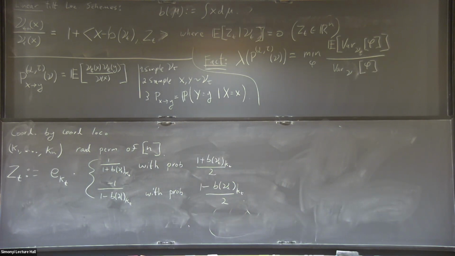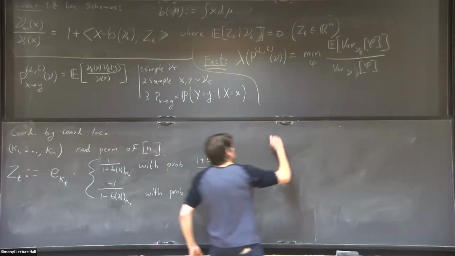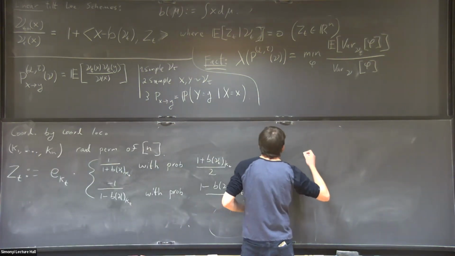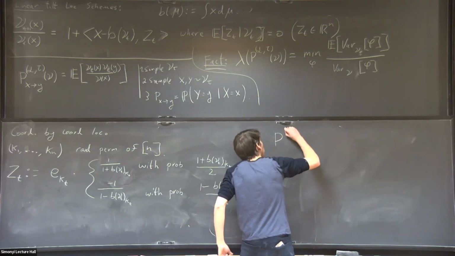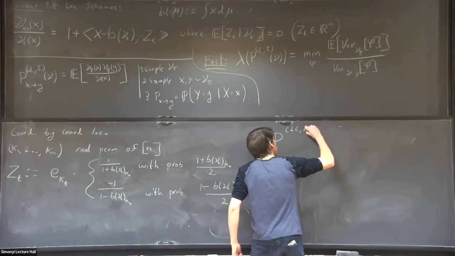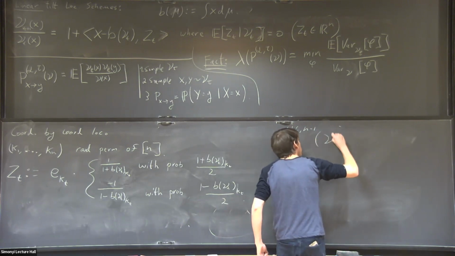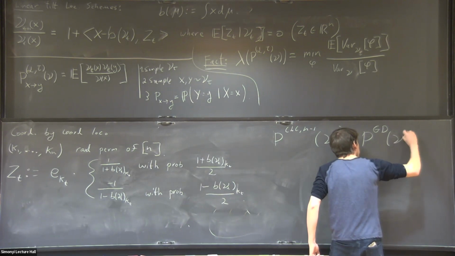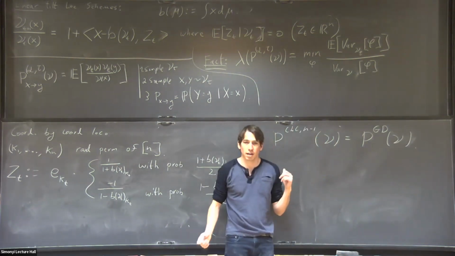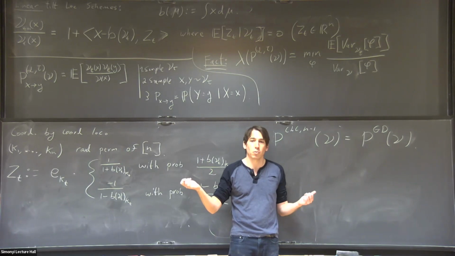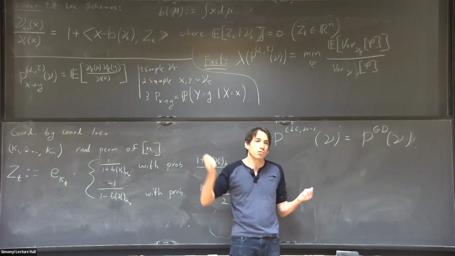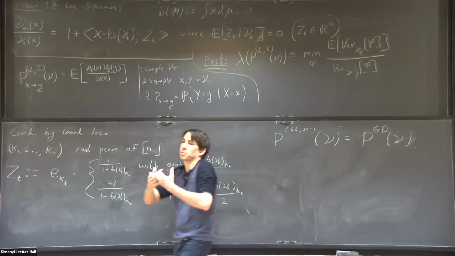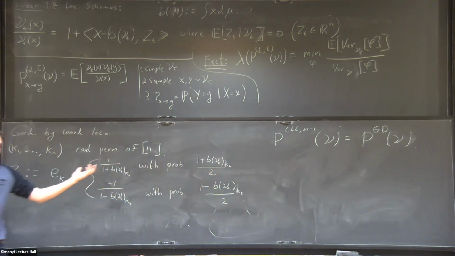If we take tau to be n-1, then the coordinate-by-coordinate process at time n-1 of nu is just what we call the Glauber dynamics of nu, which is defined as: every time you generate a coordinate and then change this coordinate according to the conditional probability conditioning on all the other coordinates.